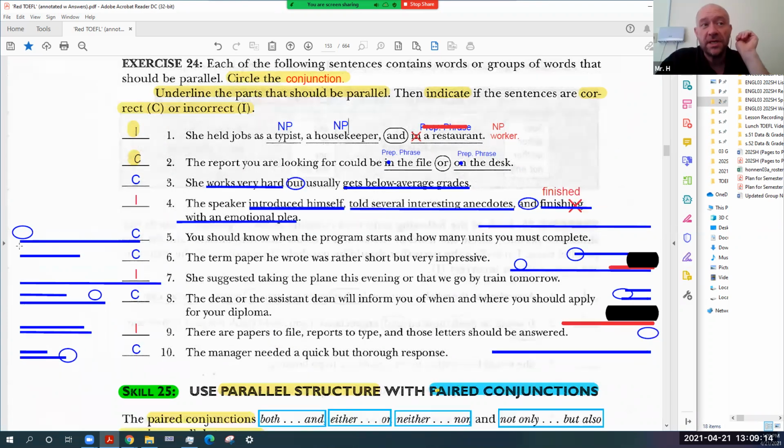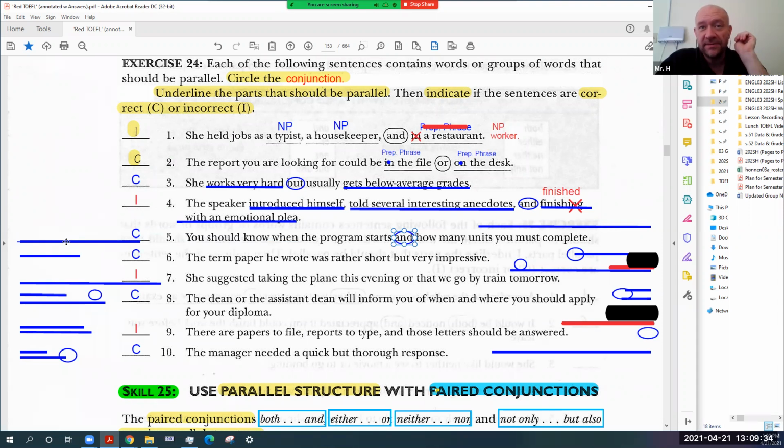Let's start with the conjunction, okay? Conjunction: and. All right. And then the first structure: you should know this one. Does everybody agree? Okay, where's the second structure?